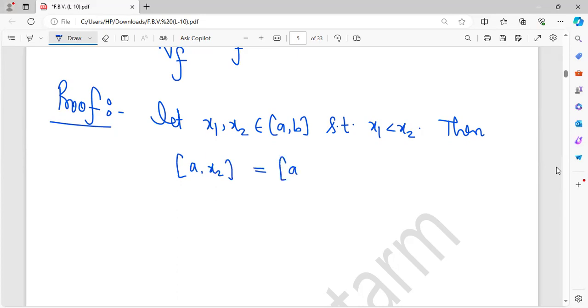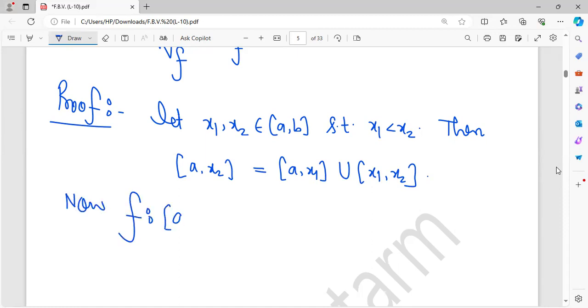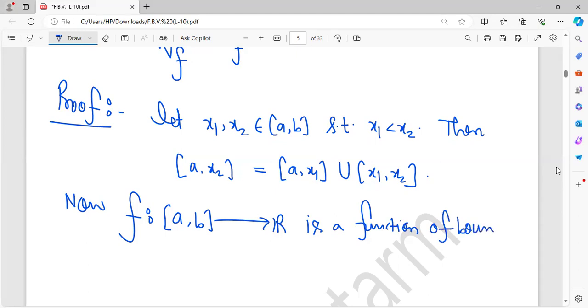This is [a, x1] union [x1, x2]. Now f from the closed interval [a, b] to R is a function of bounded variation.